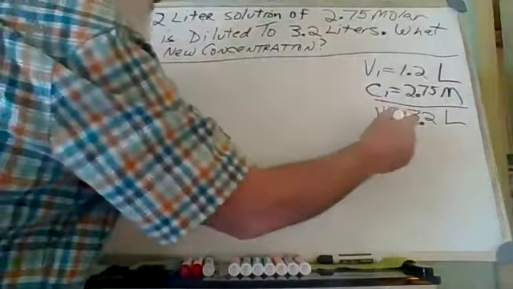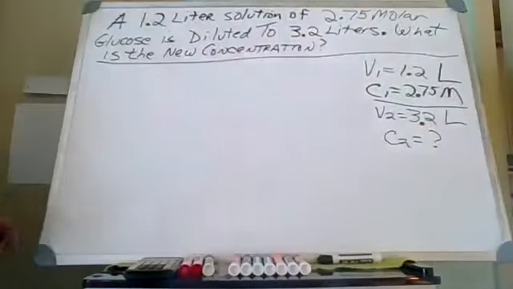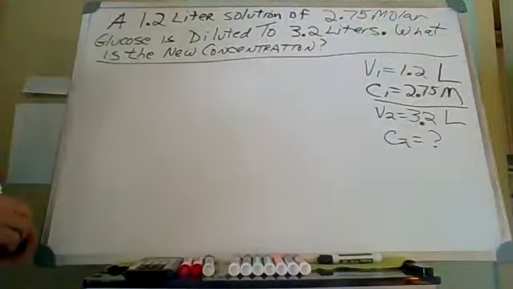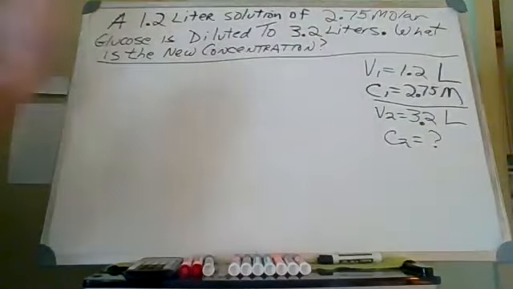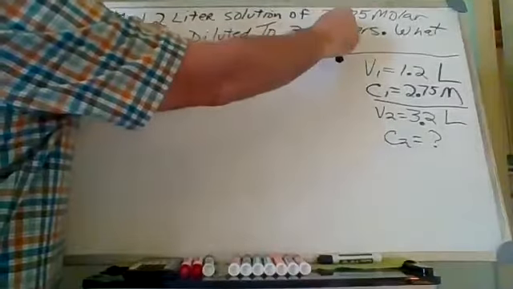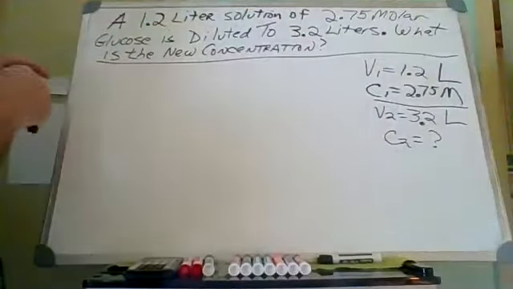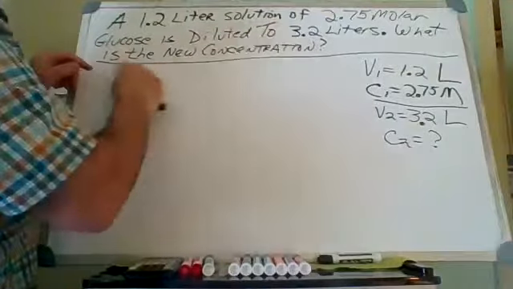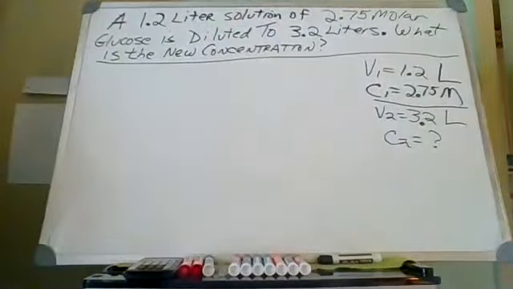So that's my C2 equals a question mark. Before I start, I'm going to double check and make sure I have the right concentration with the right volume. So 1.2 liters of this, so 1.2 and 2.75 should go together. It's diluted to 3.2, and what's the new concentration of the 3.2? So we are in fact correct here.